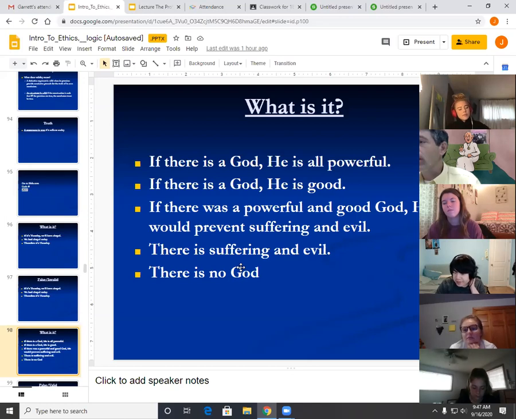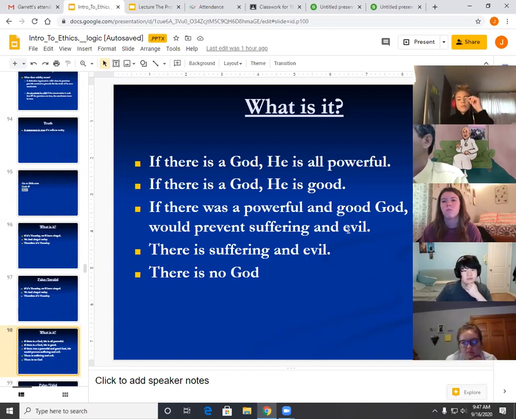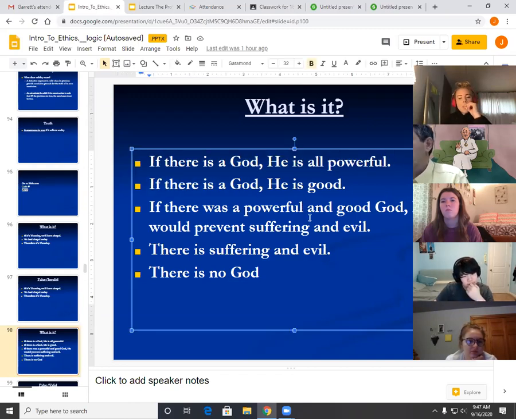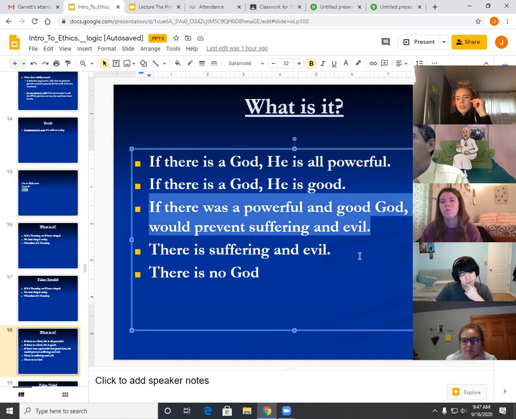And so which of these premises would most Christians disagree with? I think there's actually two that Christians could disagree with. Potentially the first one, because there are potentially some things that God cannot do. But the third one is usually the one that most Christians will disagree with. And look, it's obvious.